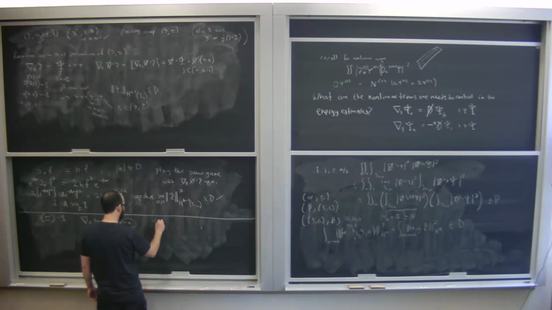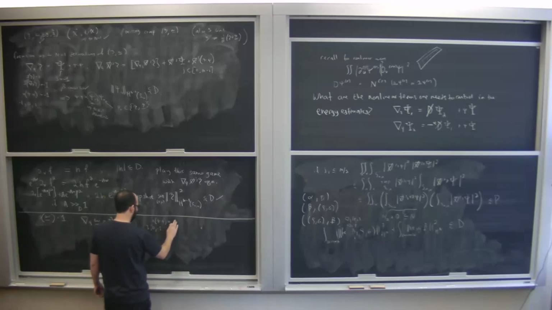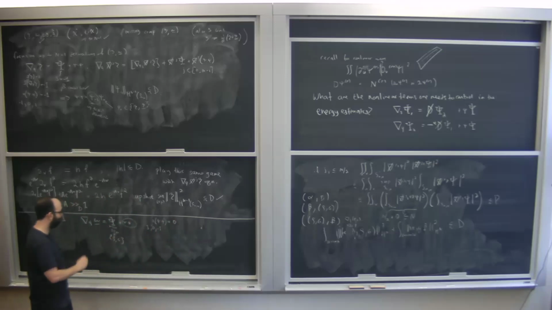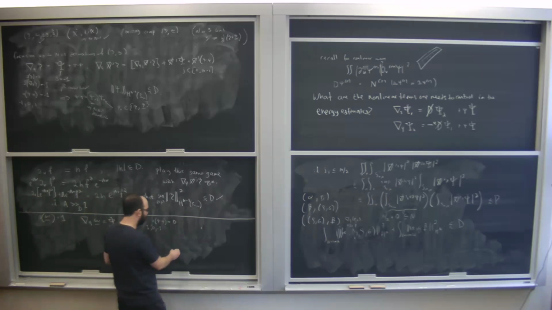We know that the signature of this is equal to 0, sorry, just spaced out. It's 0, or minus 1. Exactly. So we have two possibilities: we can have 1 and minus 1, or 0 and 0.